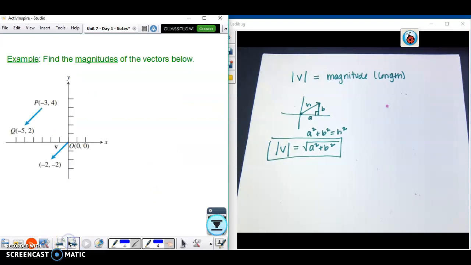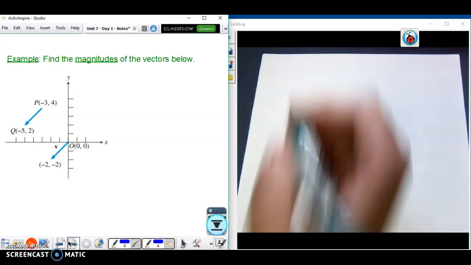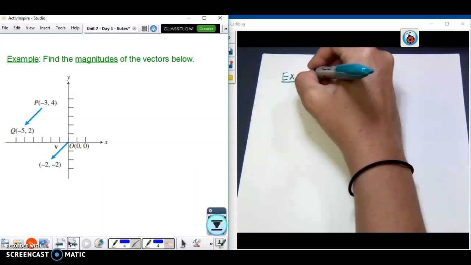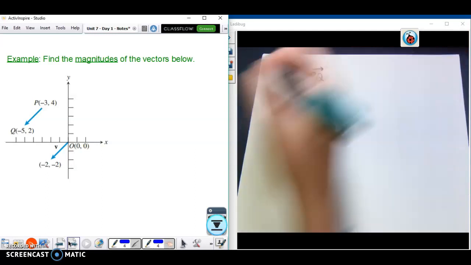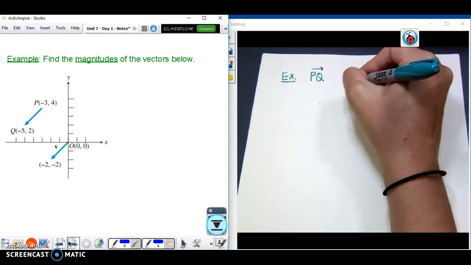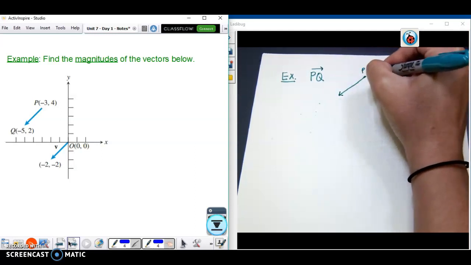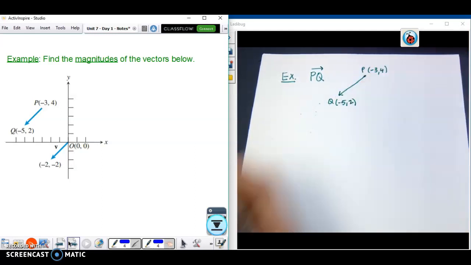Okay, so taking a look at the next example, we want to find the magnitudes of the vectors below. I'm going to start with the vector PQ, and keep in mind P is where it starts, Q is where it ends. Let me draw this. Before we can find the magnitude, we have to actually find the vector.